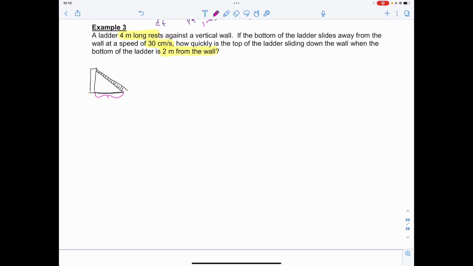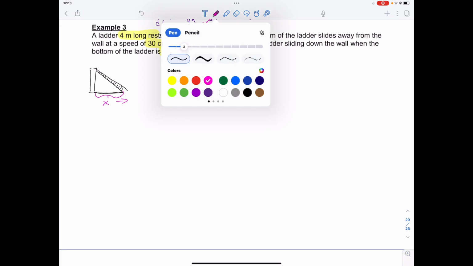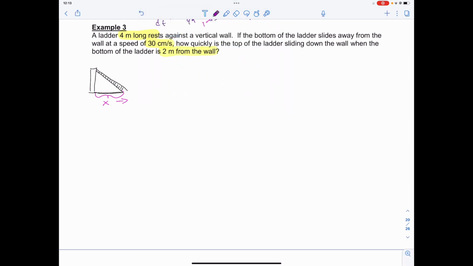Now I know that it is sliding away from the wall, so that value is changing. And I know that the ladder, as that happens, is going to slide down the wall. So that value is changing. So my x is increasing, but my y is decreasing.